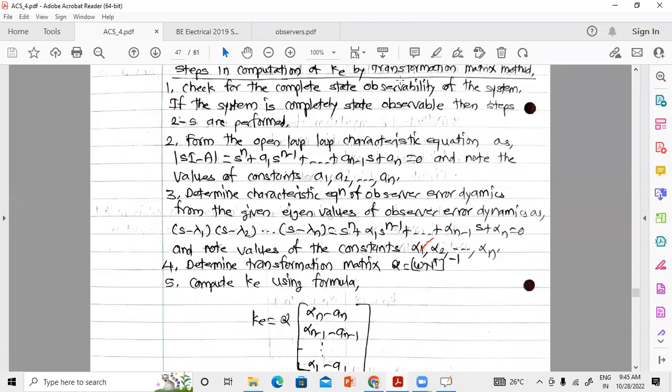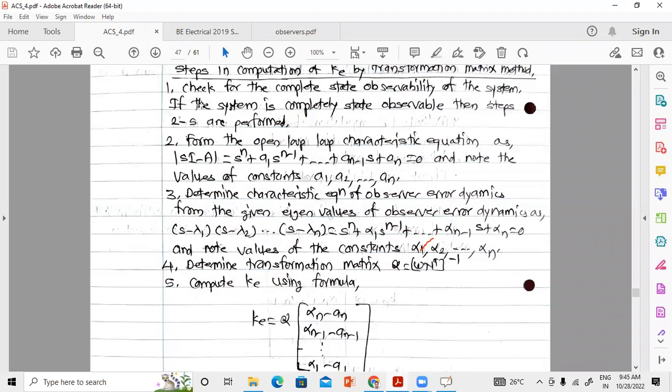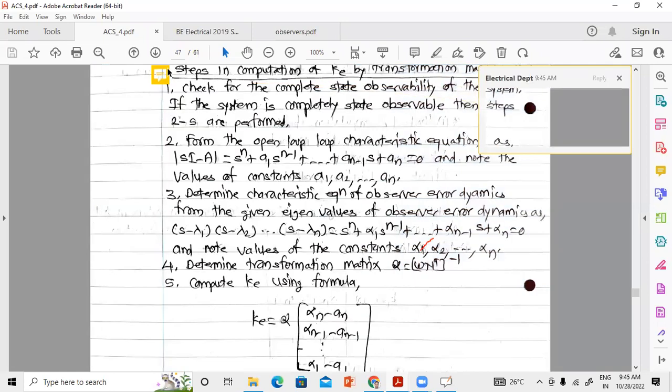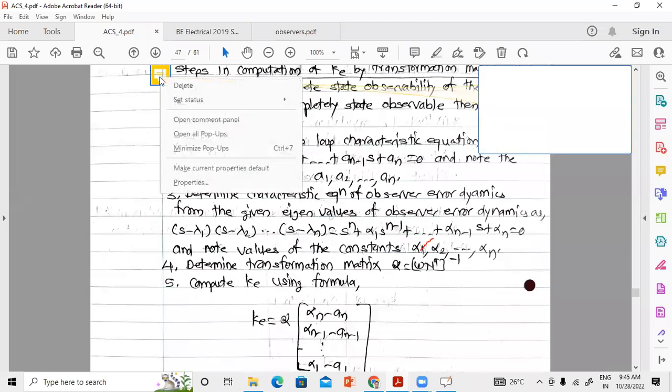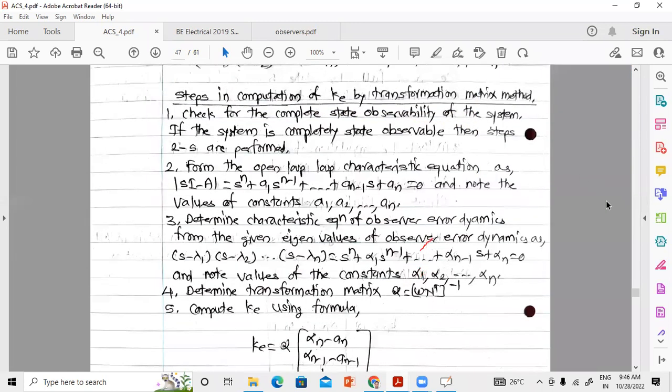If the system is completely state observable, then steps 2 to 5 are performed. If it is not observable, we cannot have an observer for the system. So first of all, check observability and then go ahead.